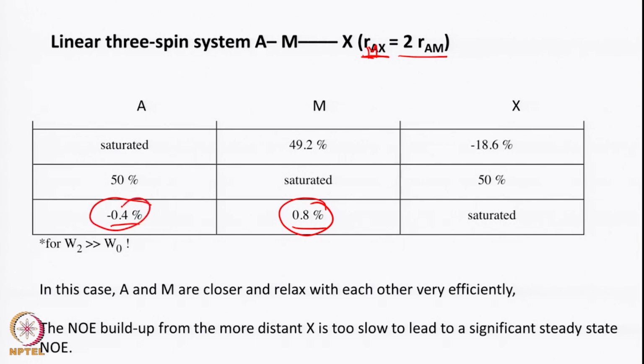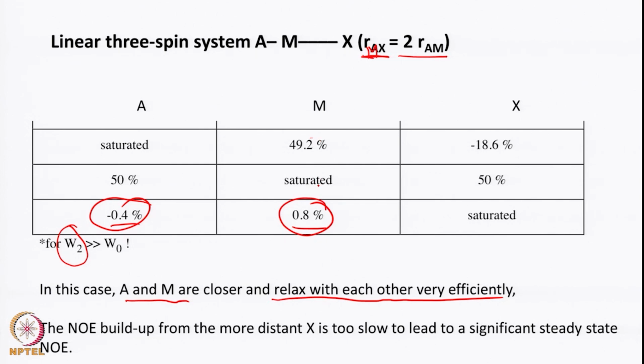This is the case when omega 2 is much higher than omega 0, for a small molecule. In this case A and M are closer and relax with each other very efficiently, therefore you see quite a bit of enhancement. If you saturate A, almost 50% enhancement; if you saturate M, here 50% enhancement.